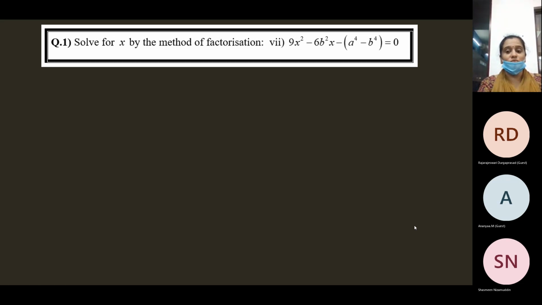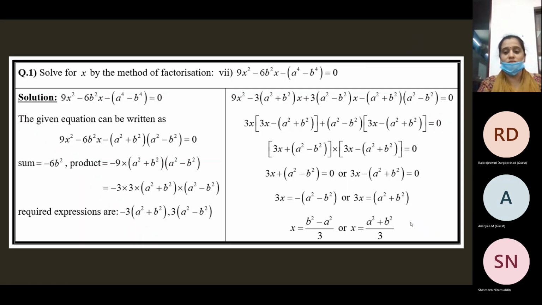Not A square minus B square, it's A square plus B. Is it? What I have is A square plus B square by 3 and B square minus A square by 3. Minus B square minus A square by minus 3, you got?